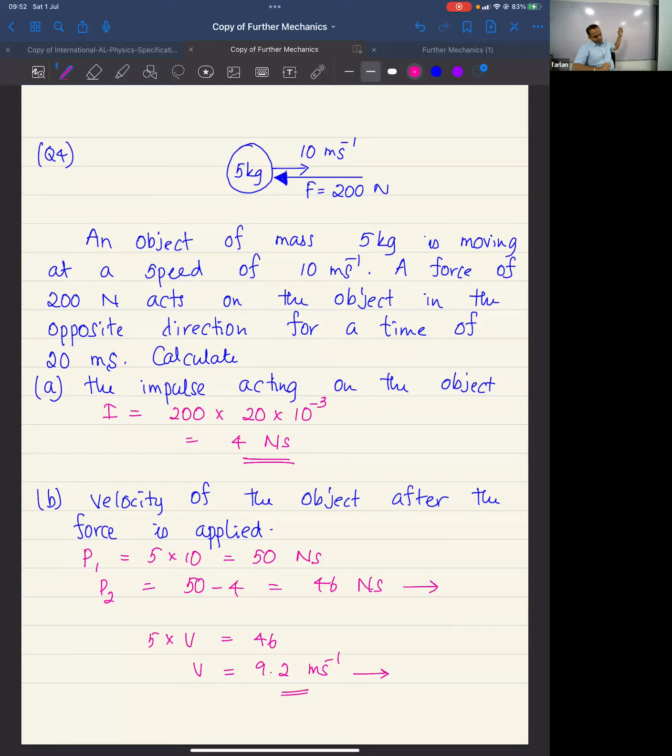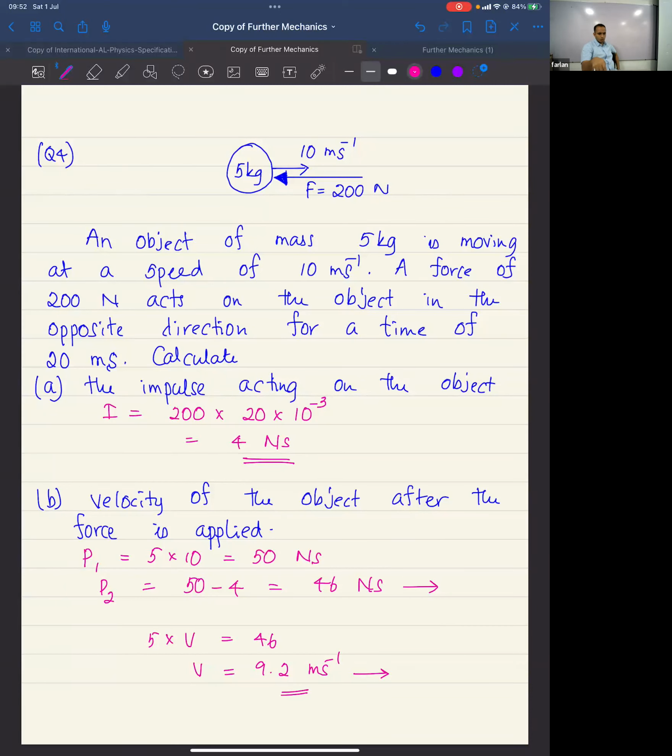It's the same example that I gave you now, question 4. It came in a direction at a speed of 10 meters per second, and you apply a force, and then you reduce the speed to 9.2. In the same case, do you think we can make this 5-kilogram object move in the opposite direction? Yes, possible. What do you need to do? Increase the impulse.